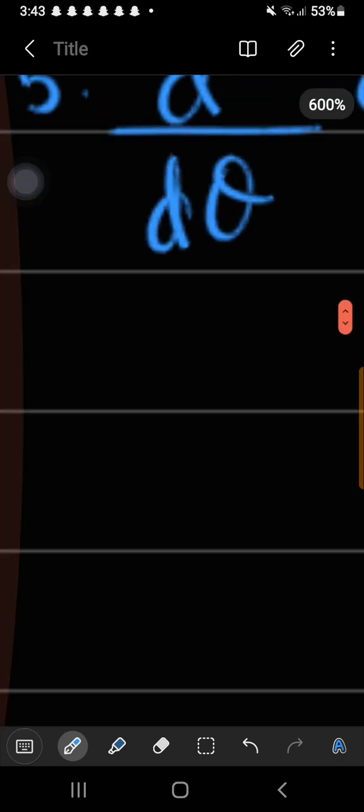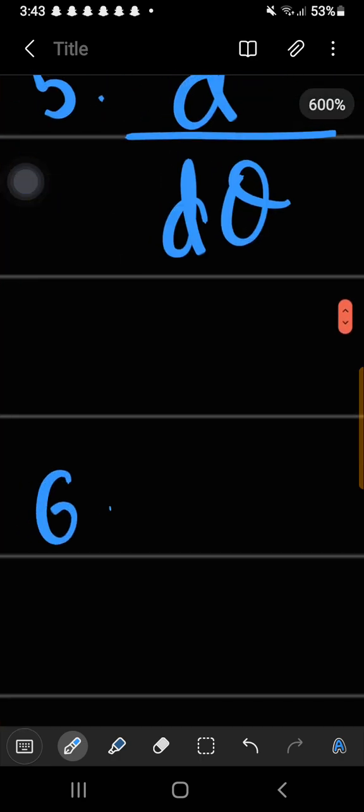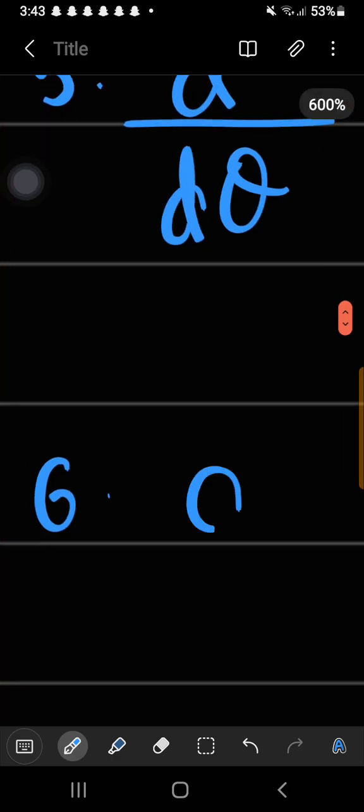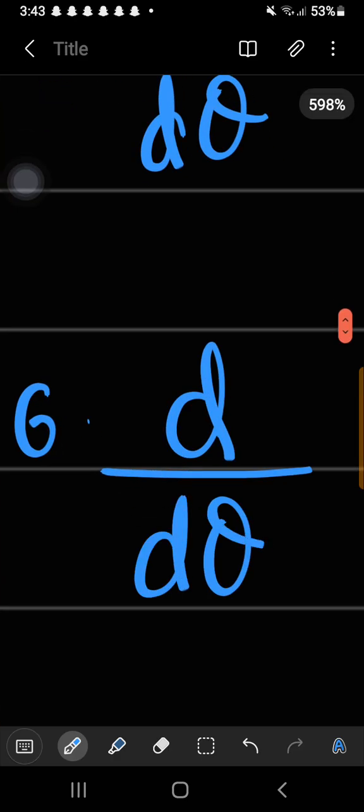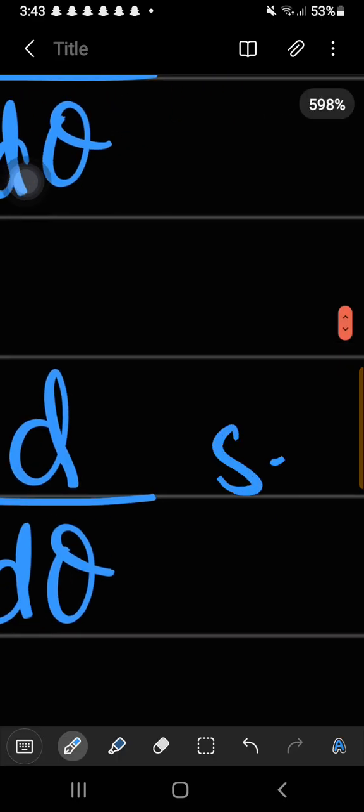Then sixth is d over d theta for sec theta is equal to sec theta tan theta.